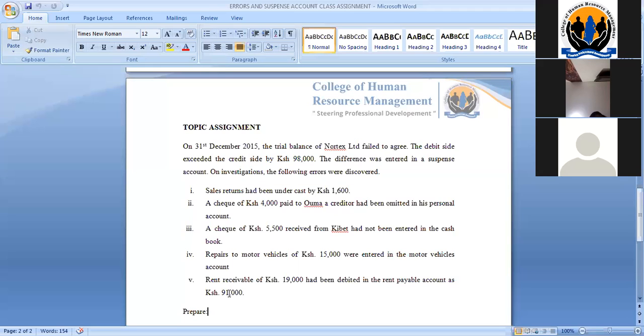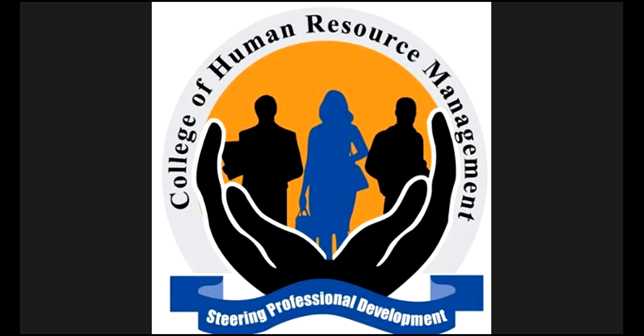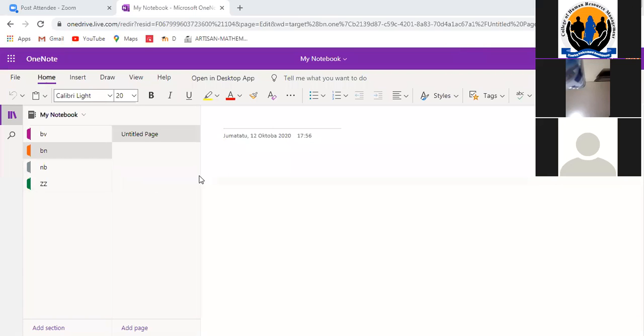Okay, let us see how it was supposed to be worked on the general journal. So on the general journal, this was supposed to be the case.